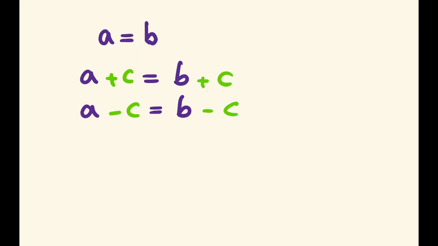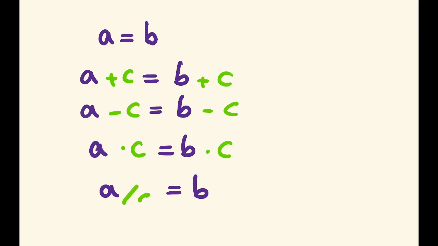Another way is to multiply or divide both sides by the same non-zero quantity. So when I have a equals b, I am allowed to multiply both sides by c or divide both sides by c if c here is non-zero.